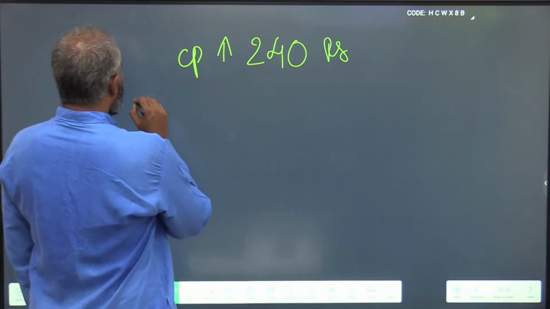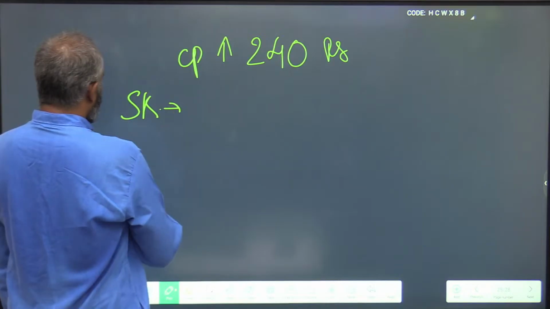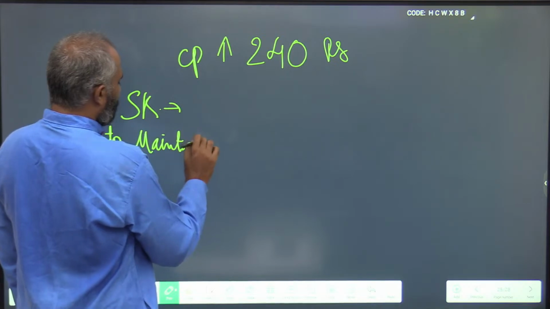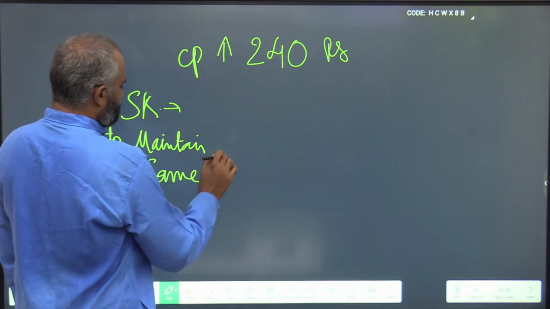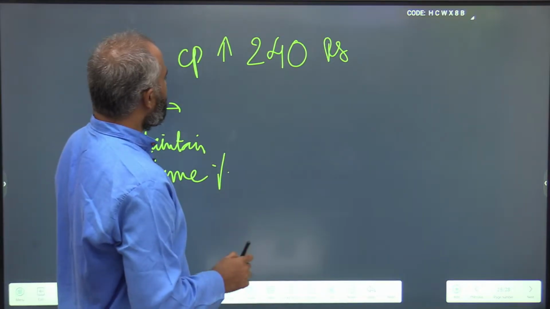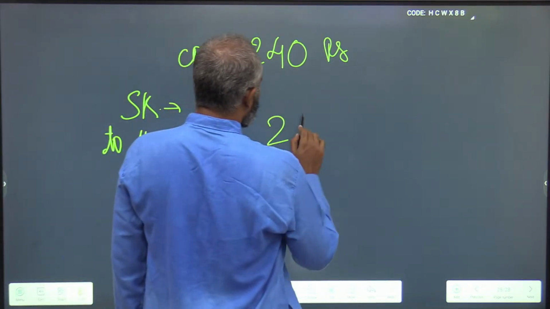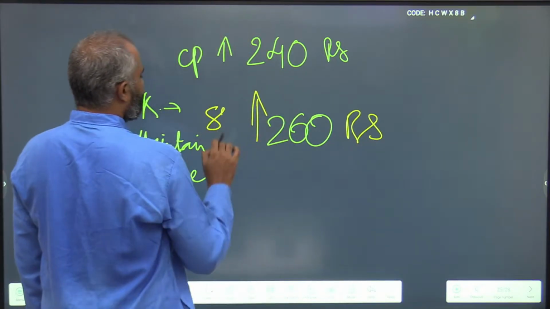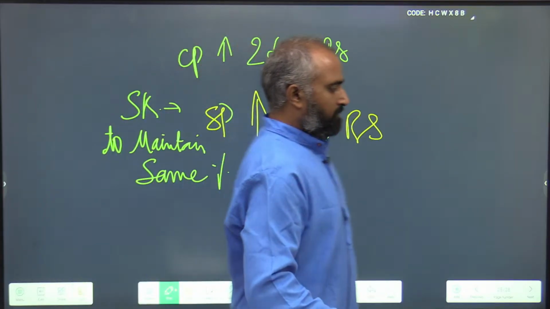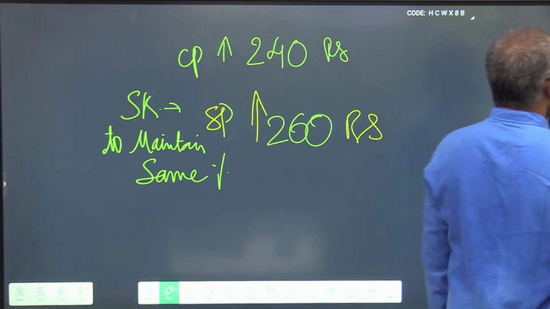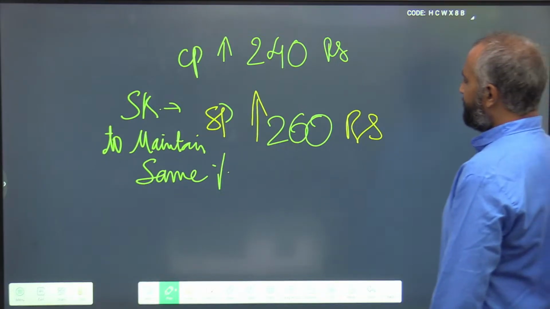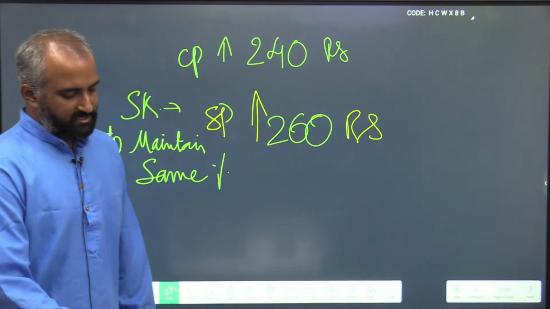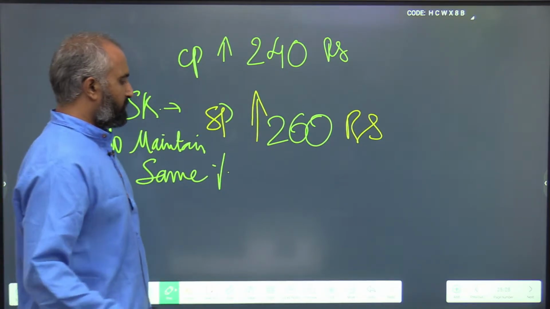The shopkeeper, to maintain the same profit percentage, increases his selling price by 260 rupees.